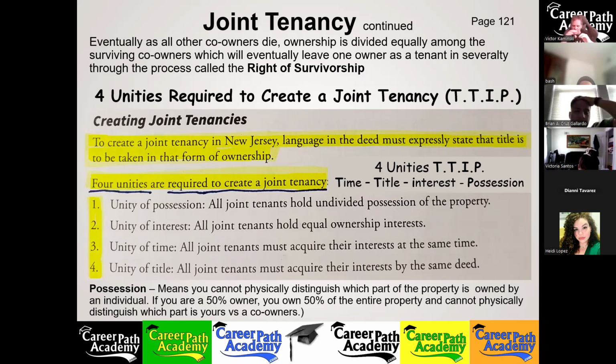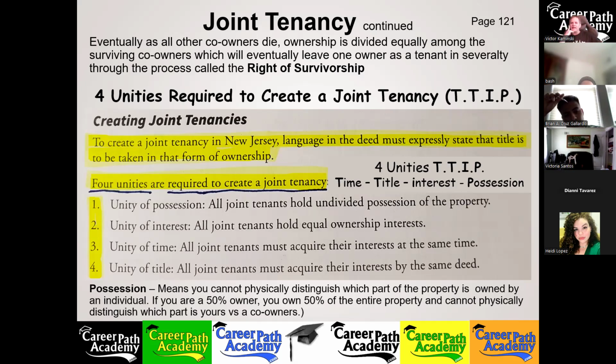So let me know when you guys have these notes down, and I'm going to go to the next slide where I have everything explained on one slide. And then we'll go through a series of slides that I put together, which give various scenarios on how this stuff can be affected as owners die off or sell off their interests.